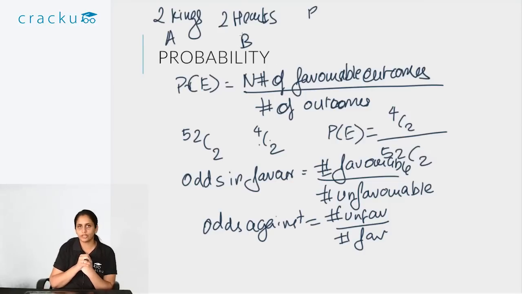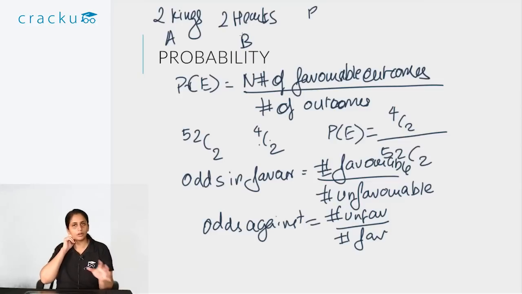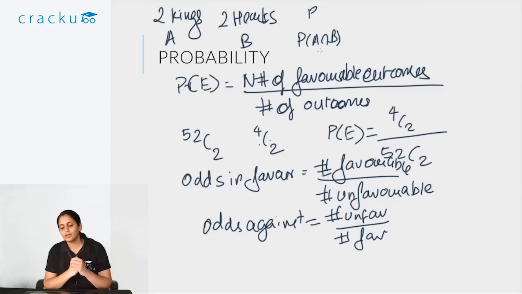Now these are not disjoint events. You can pick 2 kings and 2 hearts, or you can pick a king with a king of hearts also. So these are not 2 disjoint events. You have to consider P of A, P of B, and also P of A intersection B. So if the question is what is the probability that when you pick 2 cards from a deck of cards, you pick either 2 kings or 2 hearts.